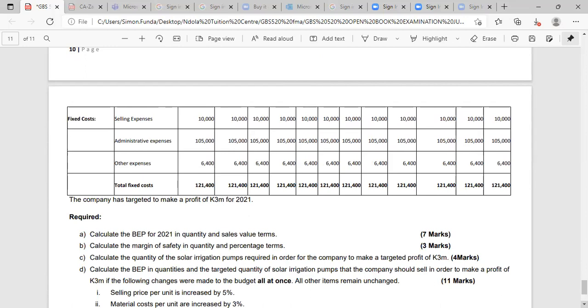So under fixed costs, we have got selling expenses. They are all given there. Administration expenses and other expenses. The totals are also given. The last sentence says the company has targeted to make a profit of 3 million for 2021.